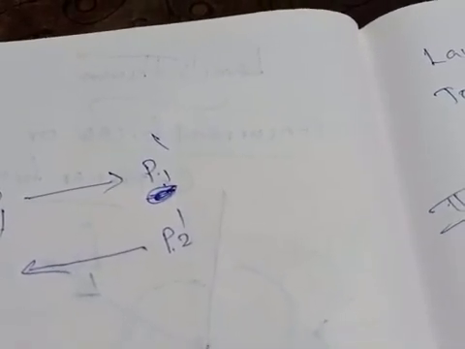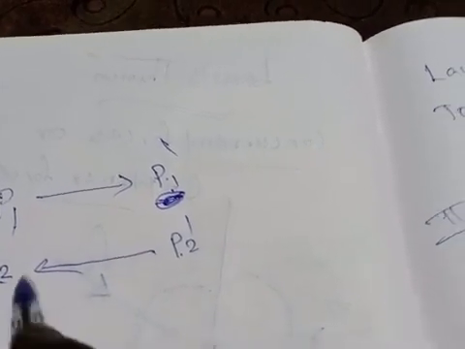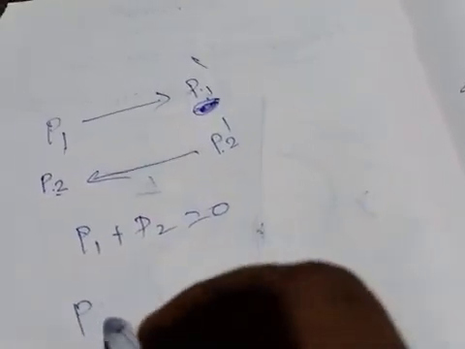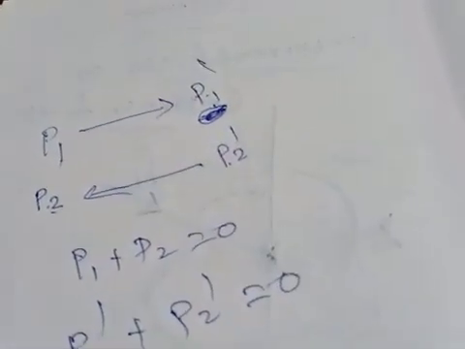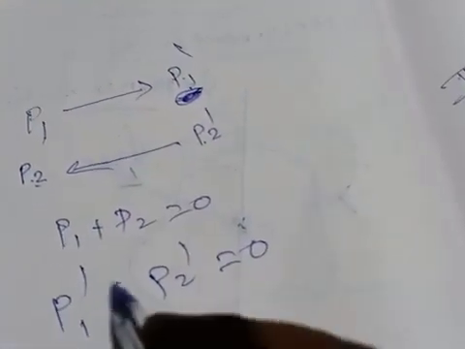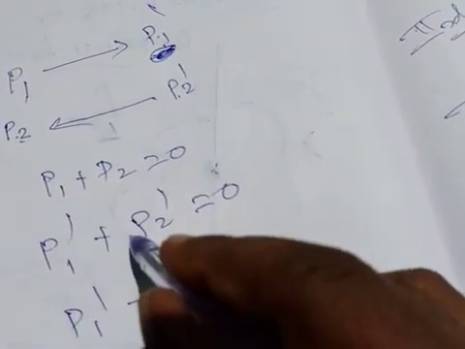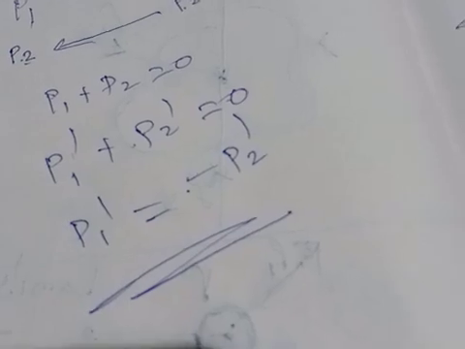So due to conservation of linear momentum, if P1 plus P2 is equal to 0, then P1 dash plus P2 dash will also be 0. So P1 dash is equal to minus P2 dash, if you take P2 dash to the other side. So you see again momentum is conserved.